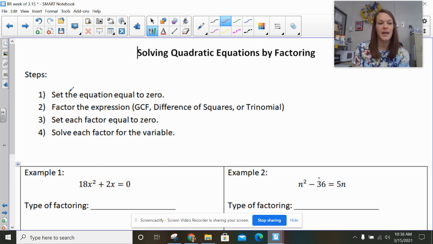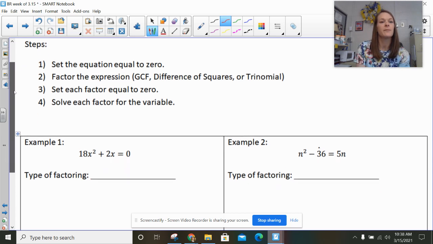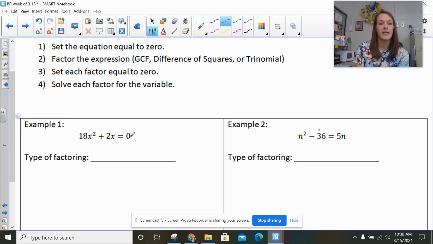Okay, so at the top of your paper, you have your steps in order to solve by factoring. So the first thing you want to always do is make sure it's equal to 0. So if we look at example 1, it is equal to 0 already. So the next thing we want to do is factor it.